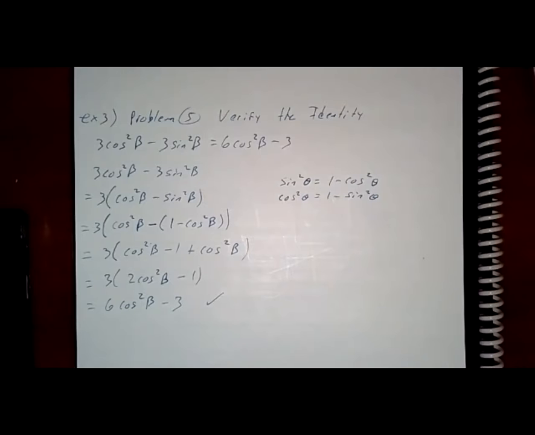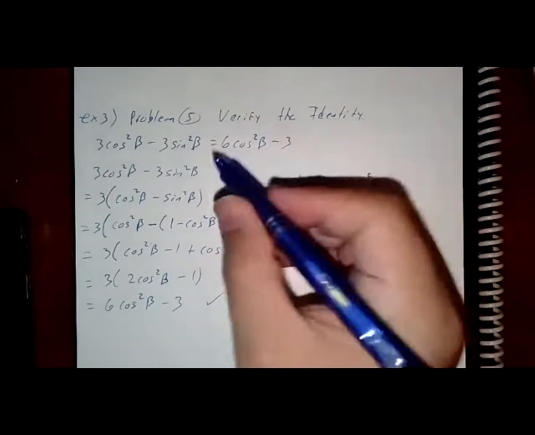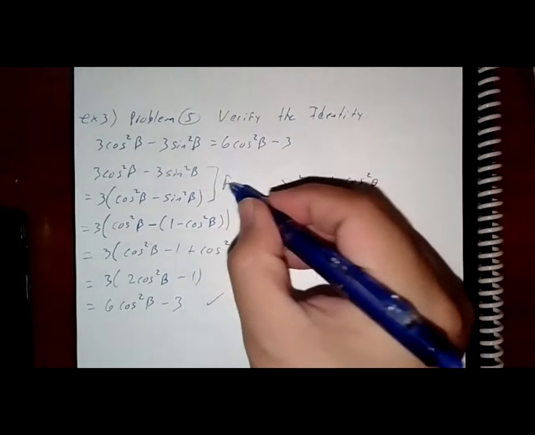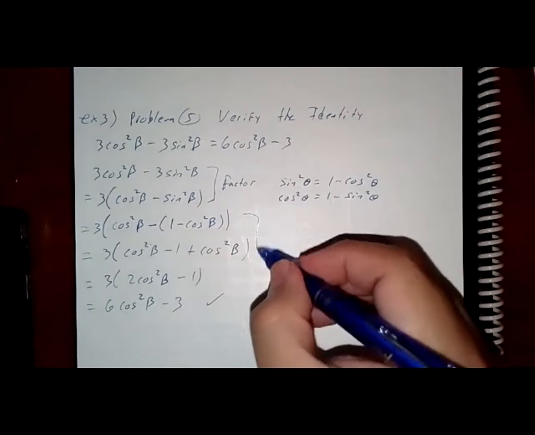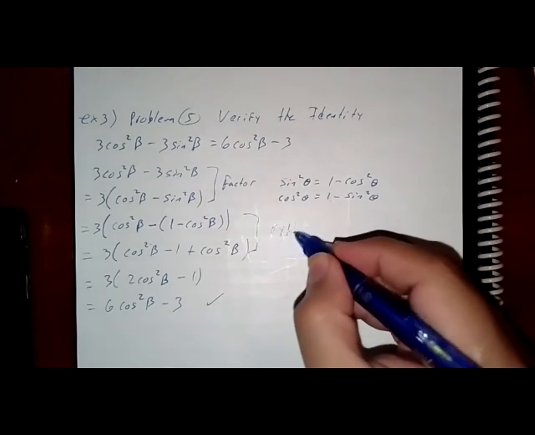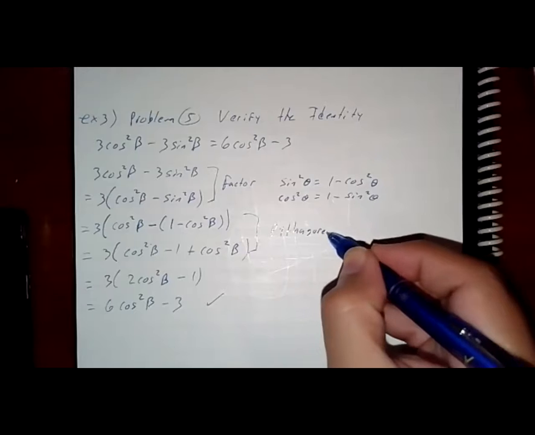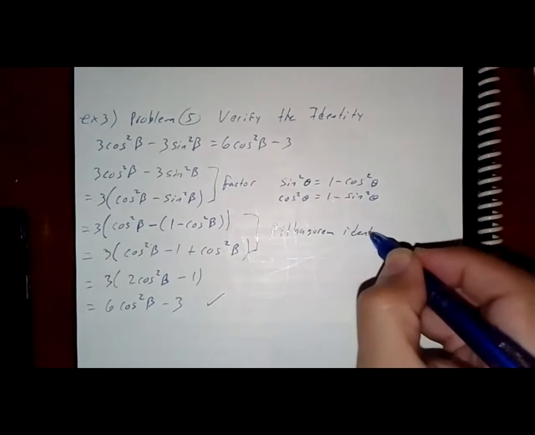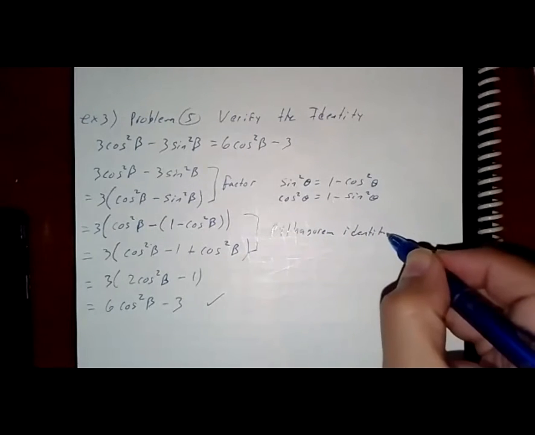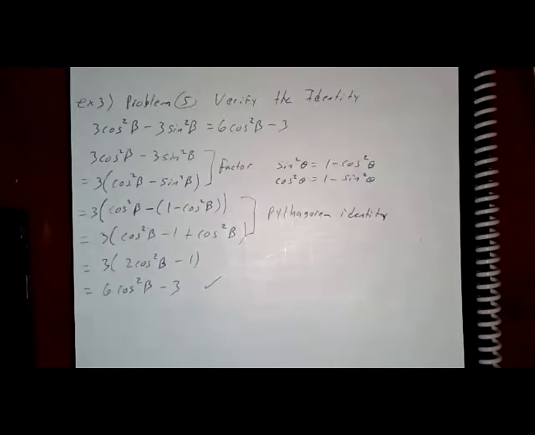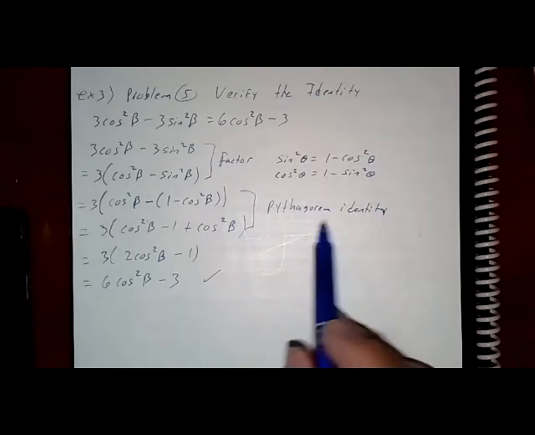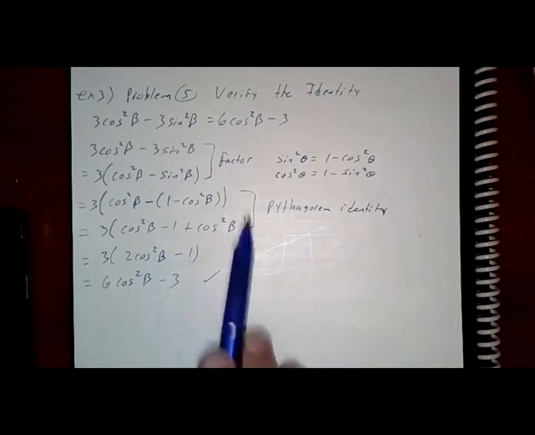Any questions on any of these steps? So all I did was factor, introduce the Pythagorean identity, and some algebra.